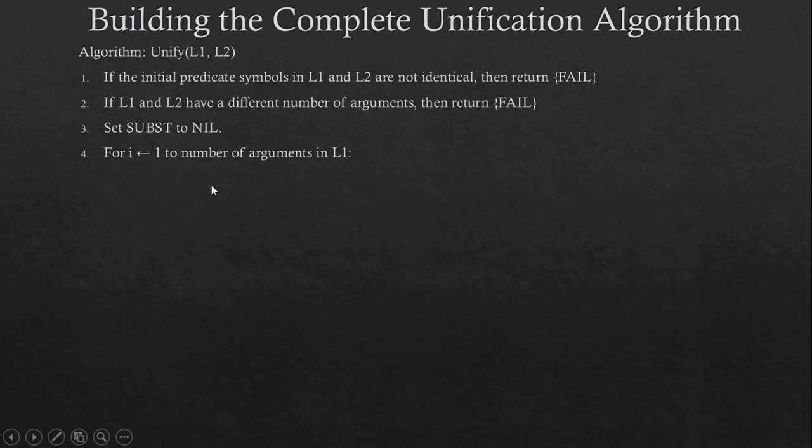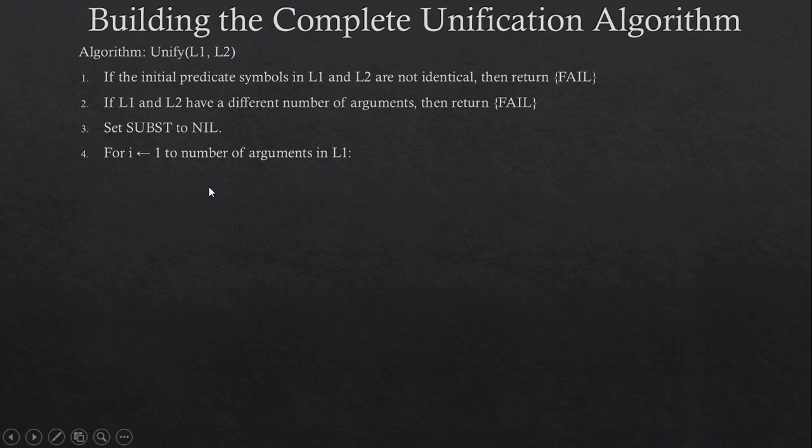Now we must write the code where each argument pair is sent for unification using recursion. The ith argument of L1 and the ith argument of L2 as L1 and L2 itself is sent to the unification algorithm.